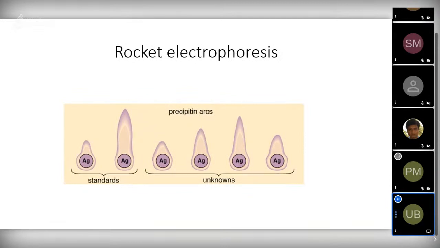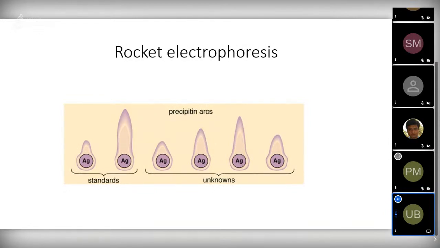And when you add the antigen into it, the antigen diffuses into the gel, and at the point of equivalence they form a precipitate line. This has a dye, so this dye will make it visible at the site of precipitation. And this is the standard.